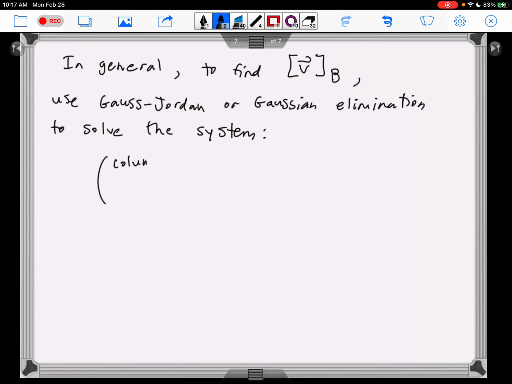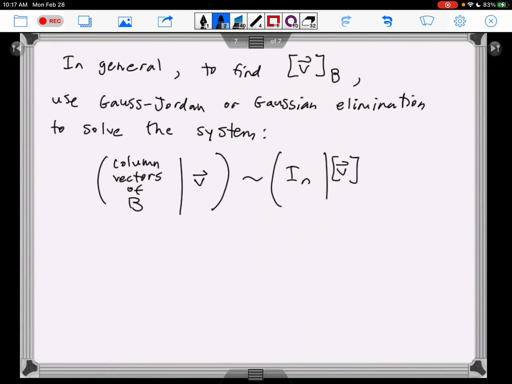You can take the column vectors of B and adjoin V, and try to turn that into the identity, and you end up with your answer, V relative to B. Okay, so that's what we did in this last example.